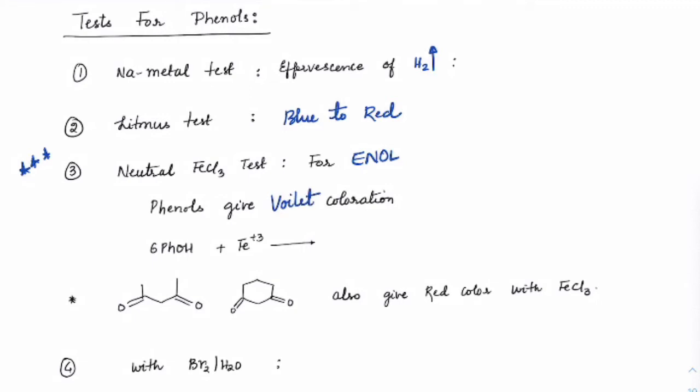See the reaction here: phenol reacted with Fe3+ would form [Fe(OC6H5)6]3-. This is the complex which is formed. You may have seen this kind of complex formation, right?